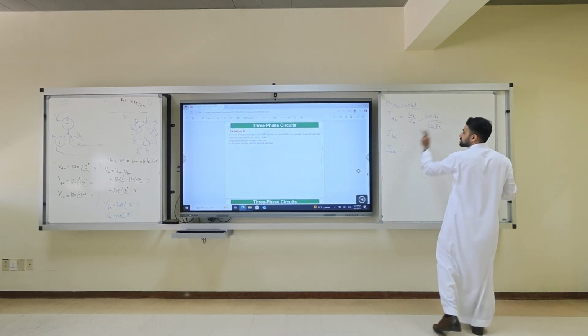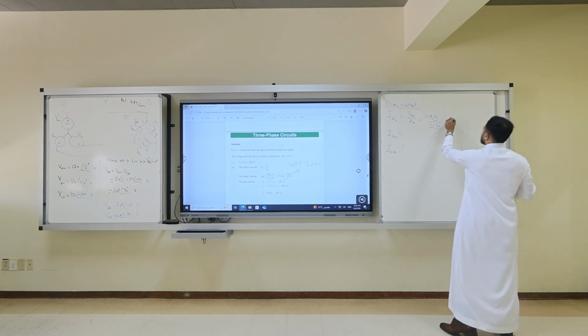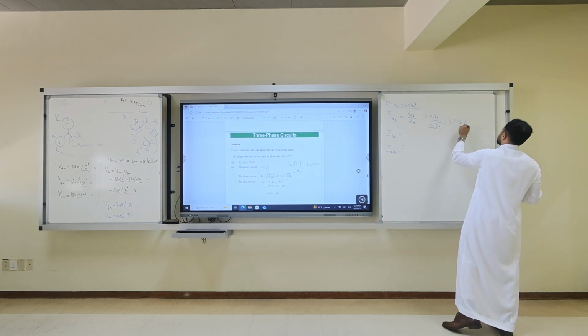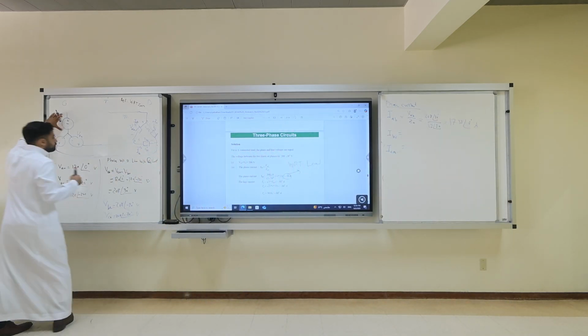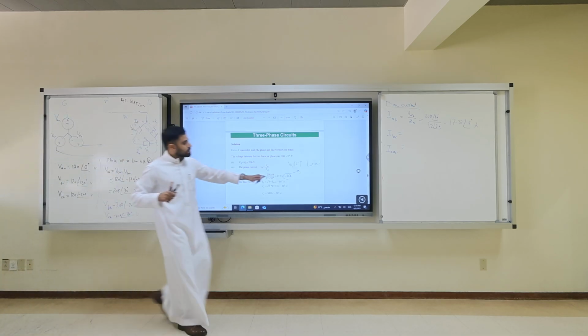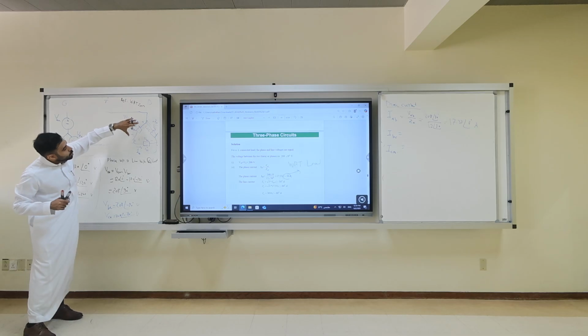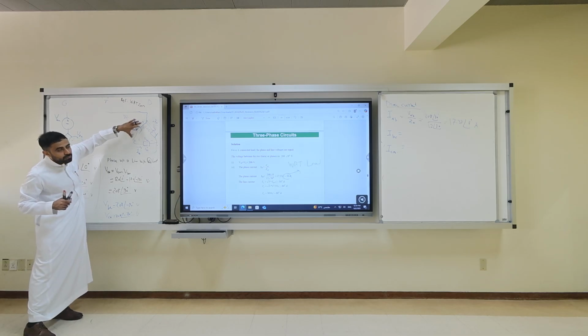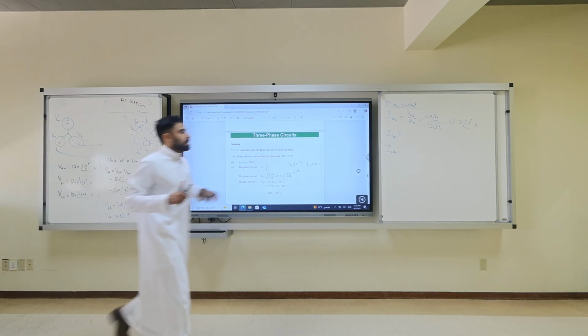If you do the calculations, you will get 17.33 angle 0 degrees amps. 0 degrees with respect to the phase voltage, or in the slides it's minus 30 degrees with respect to the load phase voltage, which is line-to-line voltage because it's delta connected.